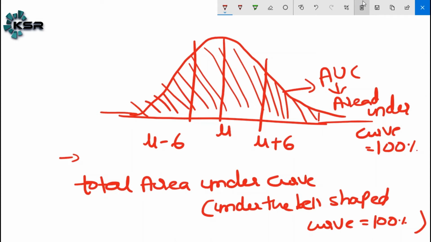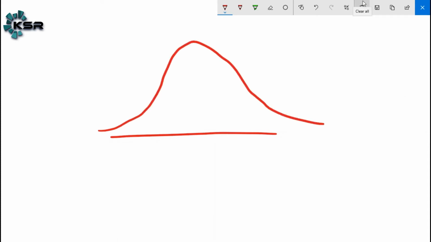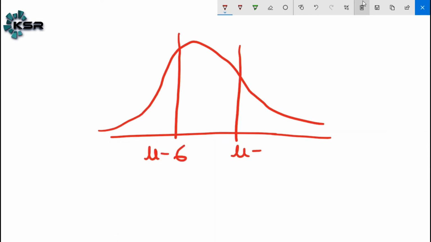Out of 100%, what are the different ranges that can be there? Here, mu minus sigma to mu plus sigma is nothing but, out of the total area under the curve, how much?